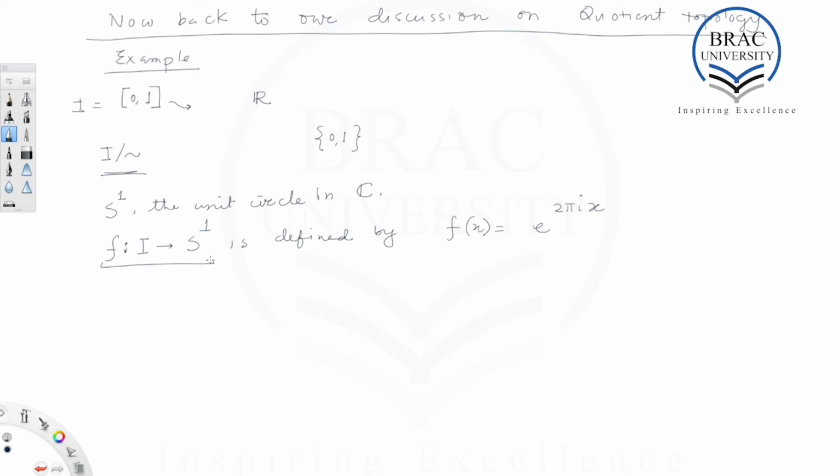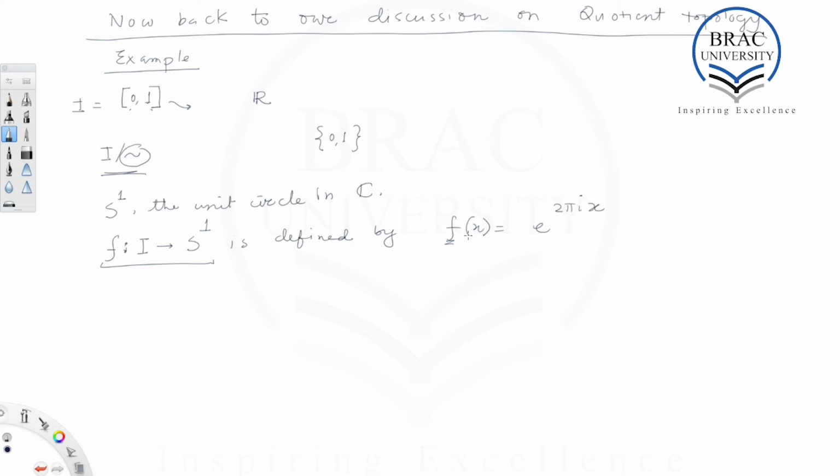But 0 and 1 belong to the same equivalence class under this equivalence relation, because we have identified these two endpoints. This is how we define this equivalence relation. Which means that this function f is constant on each equivalence class.